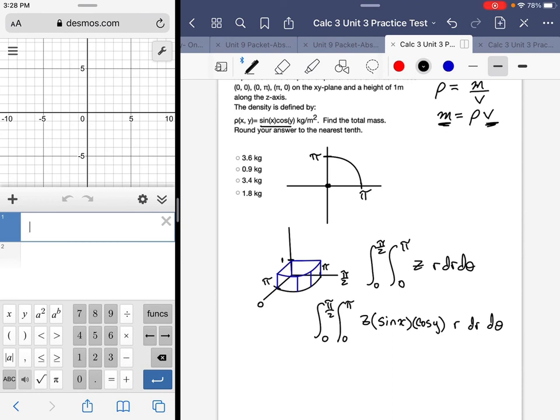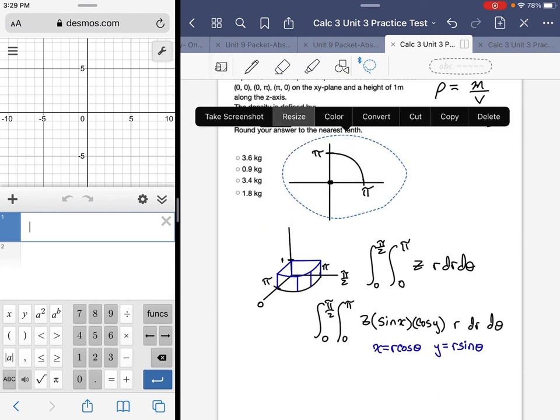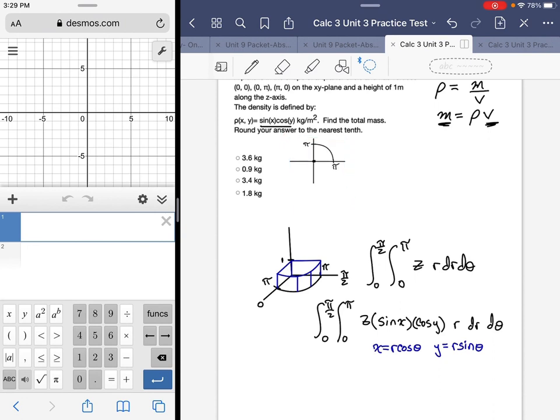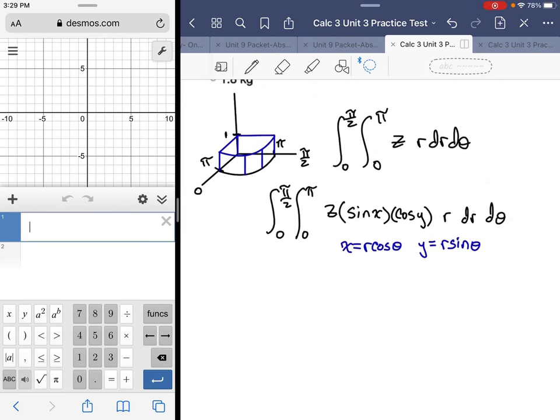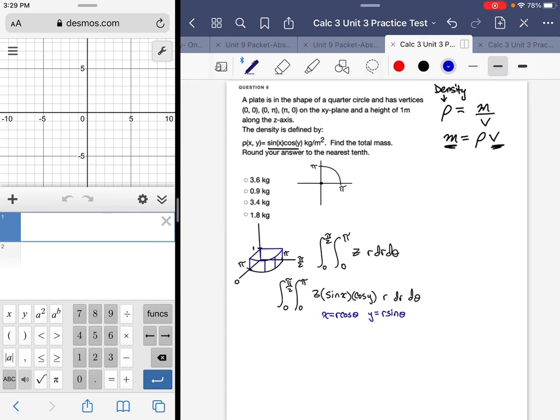For sine, well, we know sine is equal to y over r, so you can make that substitution, but it's sine of theta, not sine of x. But we do know that x is equal to r cosine of theta, and y is equal to r sine of theta. So we can make that substitution. We know z is going to be equal to 1.